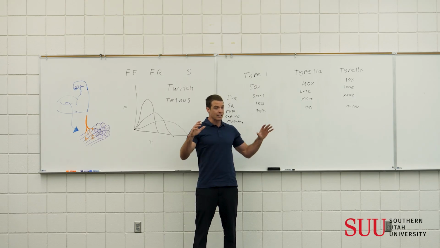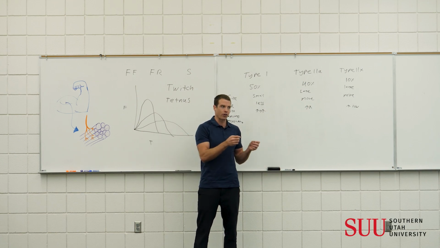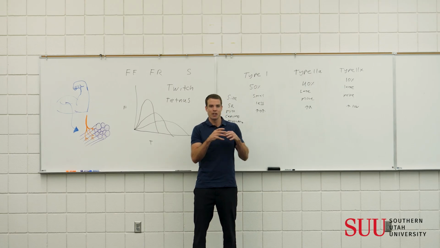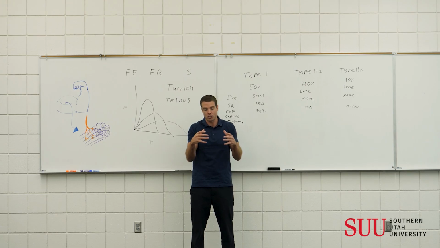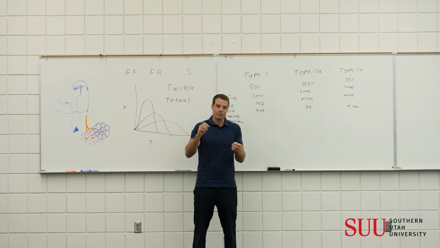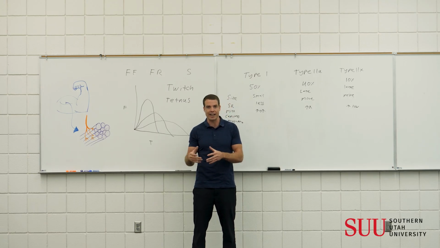Now, advanced lifters who've been training for a long time may also get some more sophisticated neural adaptations. When they're already at the ceiling in terms of the amount of muscle mass they can put on, they can still get stronger and stronger, even though the muscle is not getting bigger. It's very interesting that the correlation between muscle size and strength is not as strong as you would expect.